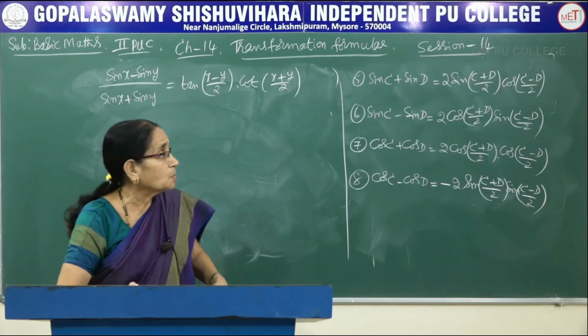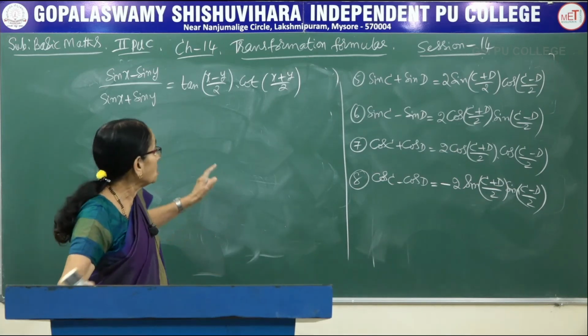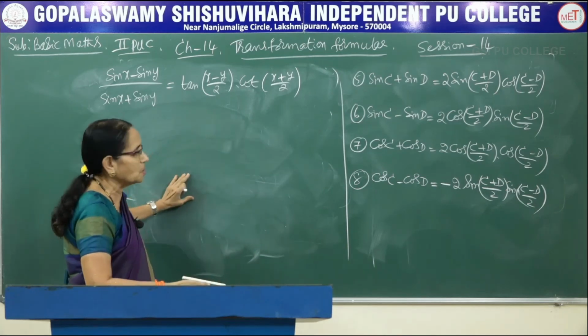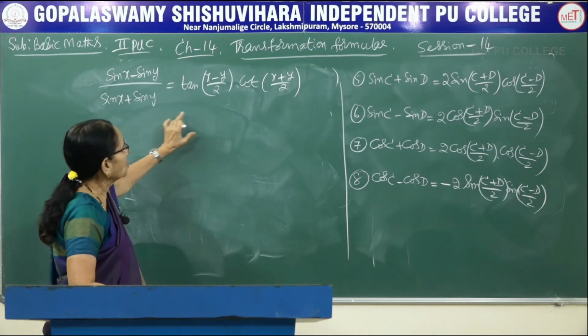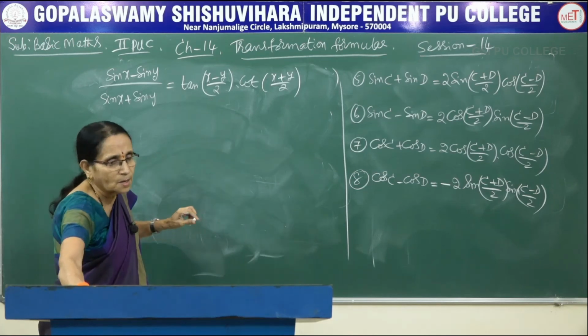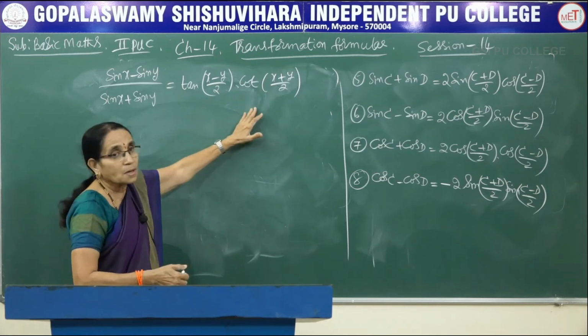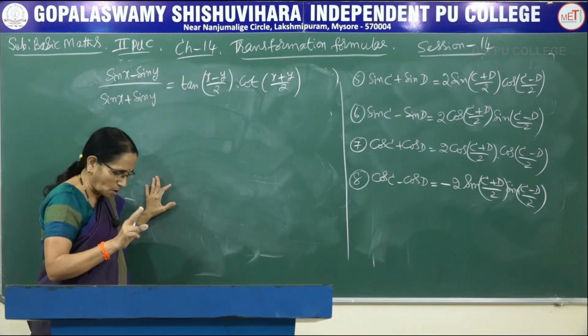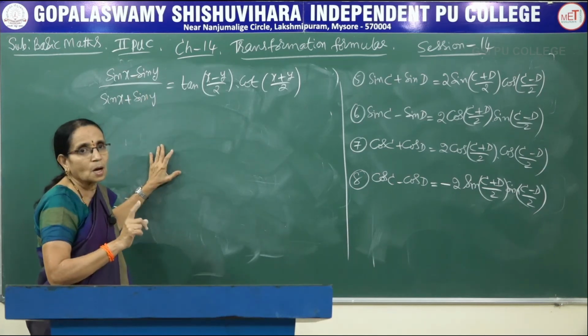See, in the previous problem, 2 terms got cancelled, one from numerator, one from denominator. Whereas here, it's a product on the right hand side. One is tan function, the other is cot function. On the left hand side, we have to use again 2 formulae, one for the numerator, one for the denominator.